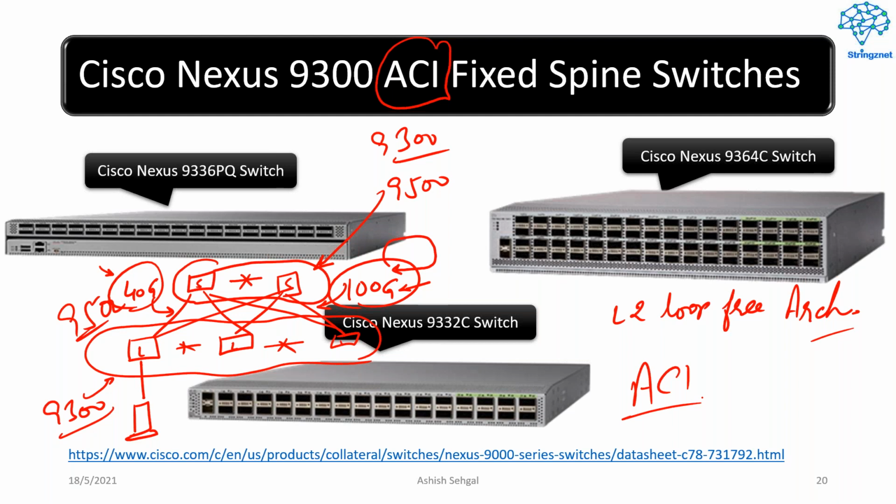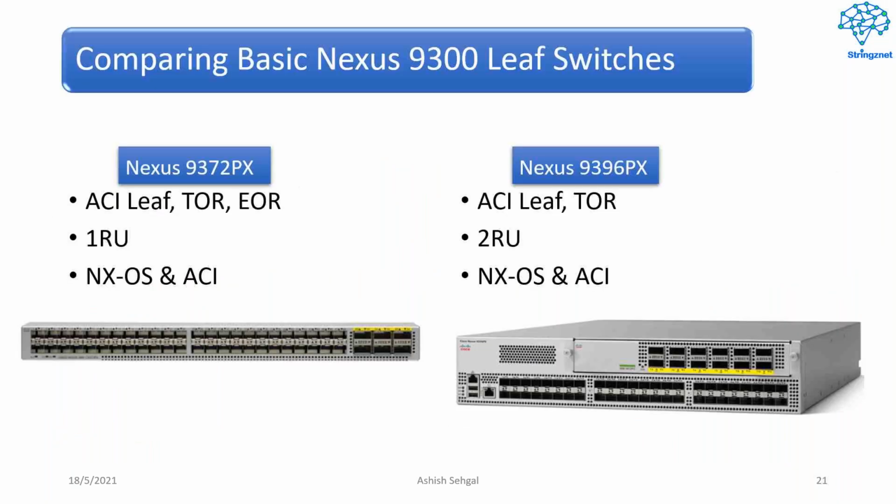Okay, but for those customers who do not want to spend a very high amount and do not have a very high bandwidth requirement, Cisco has come up with some models in Nexus 9300 series switches, which are considered the baby spine switches. So we have a couple of Nexus switches. For example, if you take a look over here, Nexus 9336PQ, this particular switch is known as a baby spine switch.